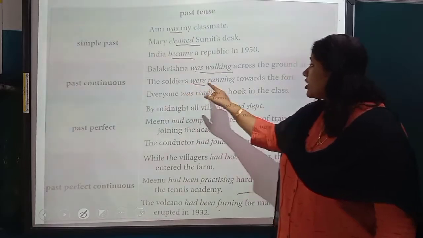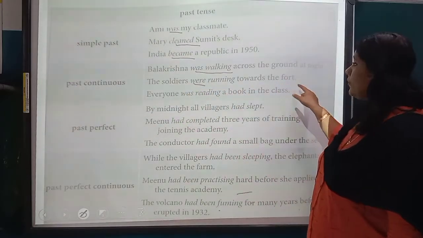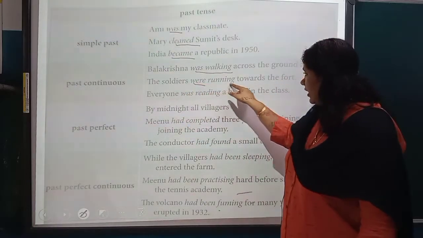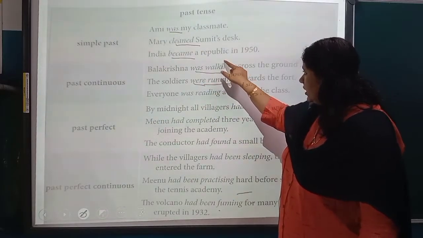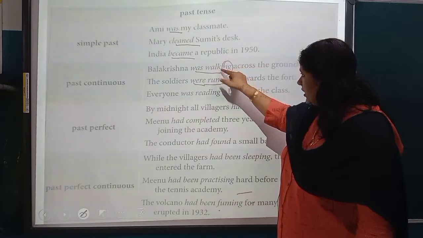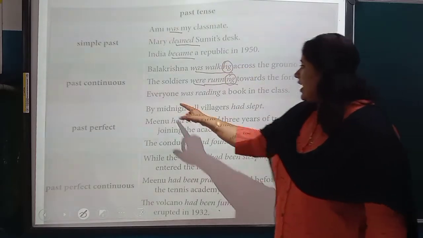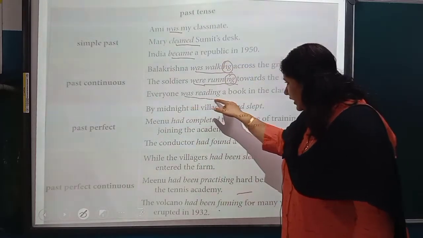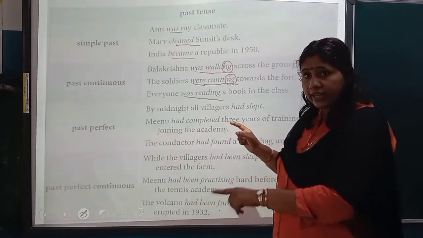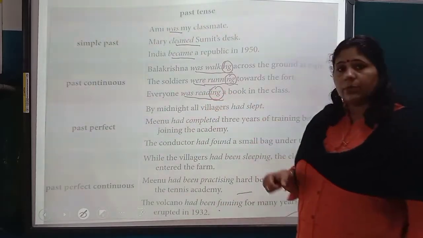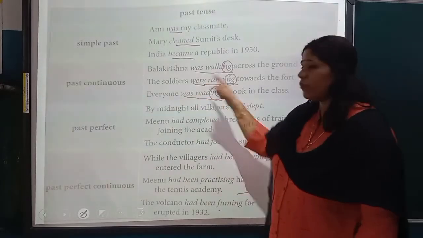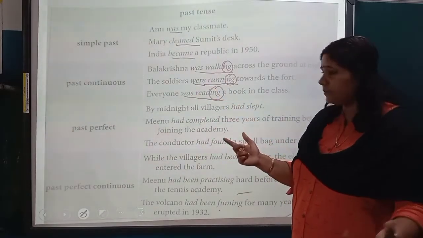The soldiers were running towards the fort. Were running. And ing. Next, everyone was reading. Everyone is one person. So was reading, again ing with the main verb, and was or were depending upon the subject.